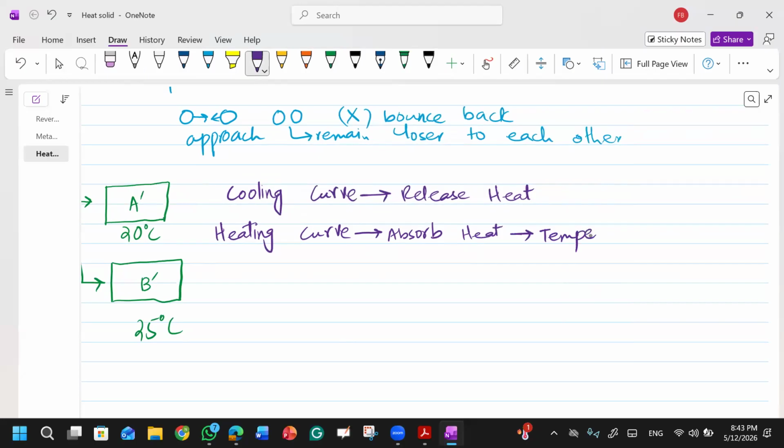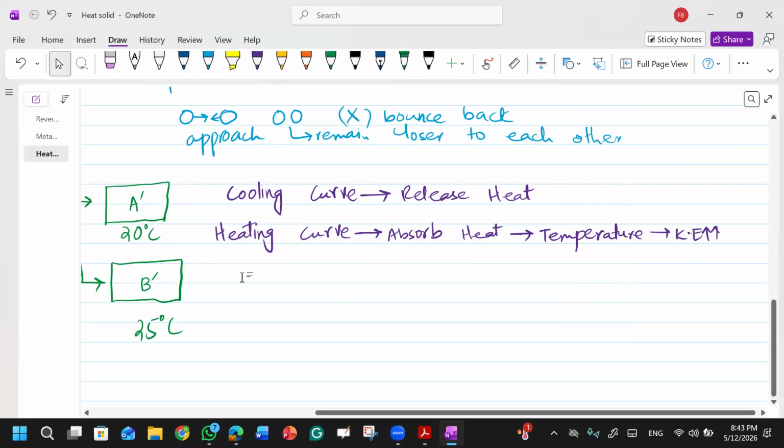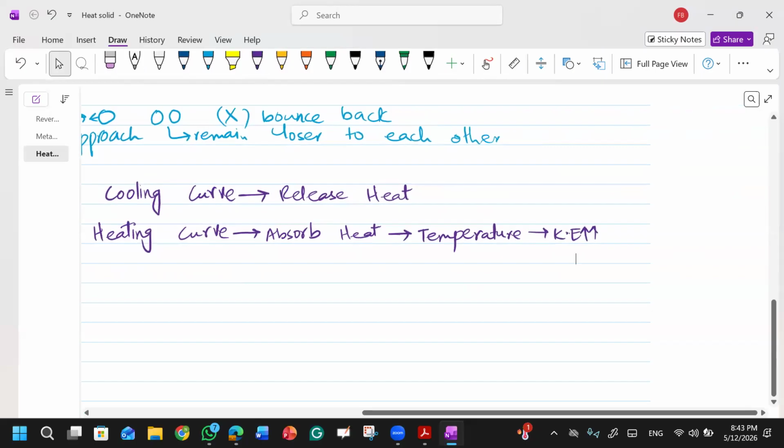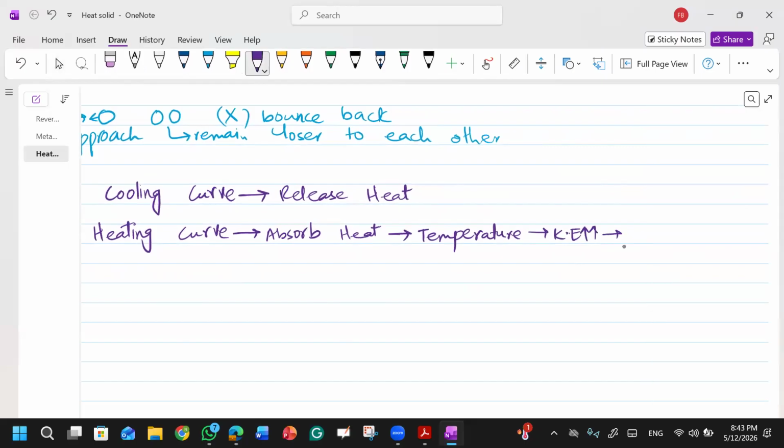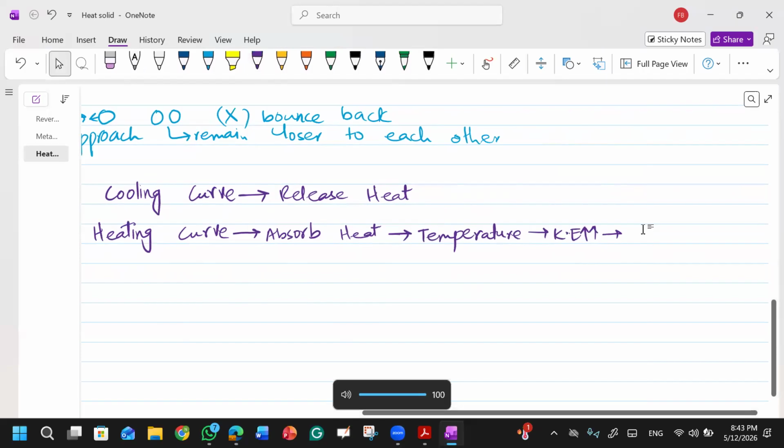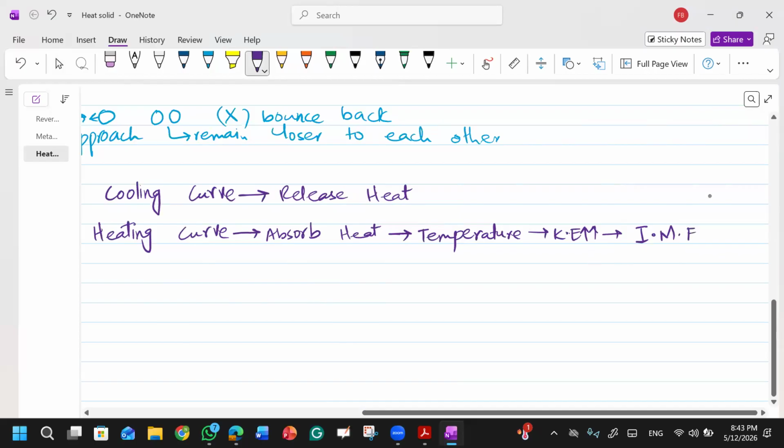When the temperature rises, the kinetic energy of the particles increases, and when the kinetic energy increases, what happens? The intermolecular forces will decrease, because you are increasing the temperature.